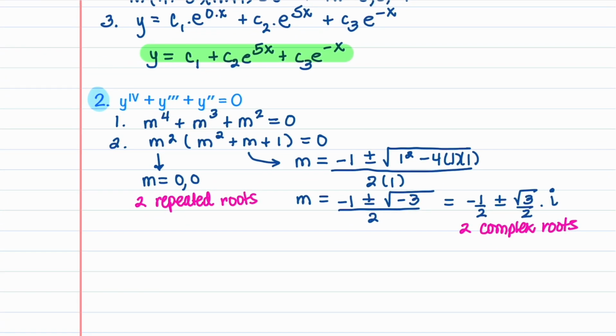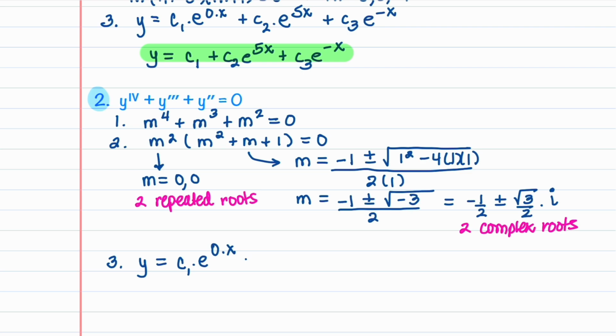Our solution is going to look like this. We're going to have y is equal to c1 times e to the 0 times x. That's our first repeated root, plus c2 times x times e to the 0x. That's for our second repeated root. And then with our complex roots, we're going to have e to the real part, which is minus 1/2.